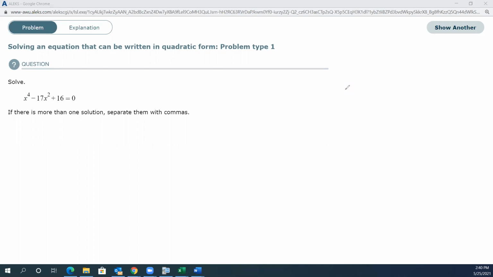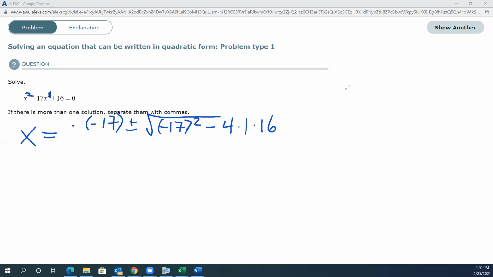Well, it is. Now normally, we've got a 2 there, and a 1 there that's not explicitly written. And then we just say, okay, x equals negative b plus or minus the square root of b squared minus 4ac over 2a.